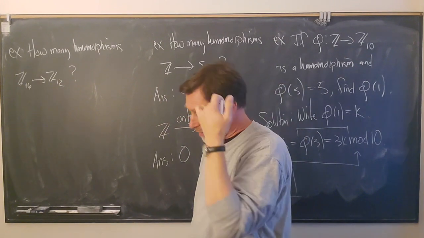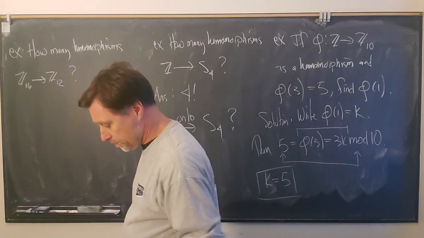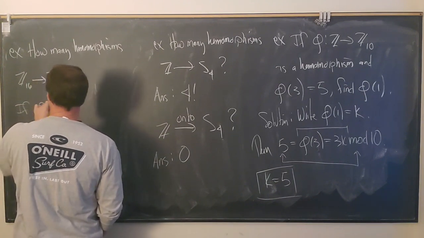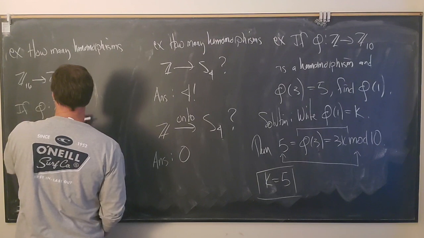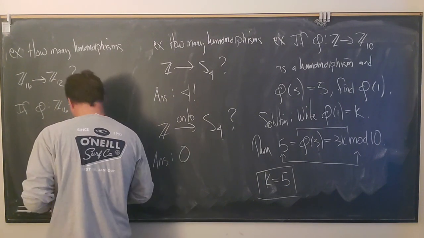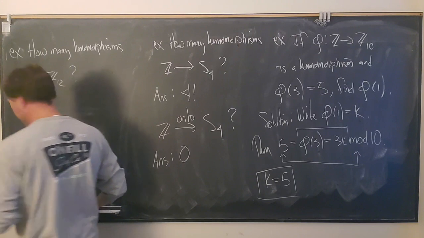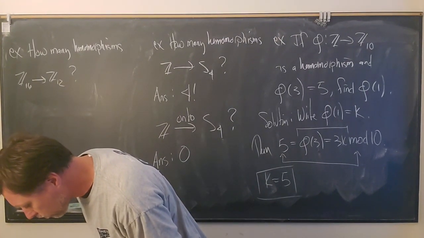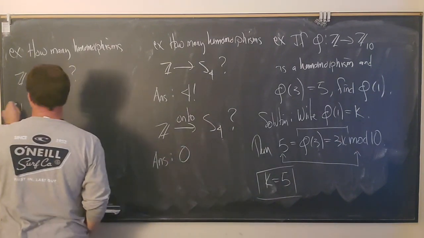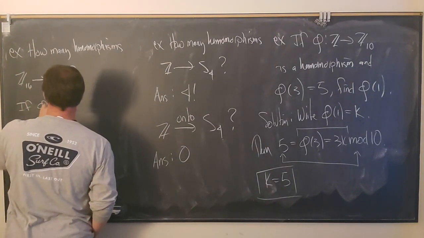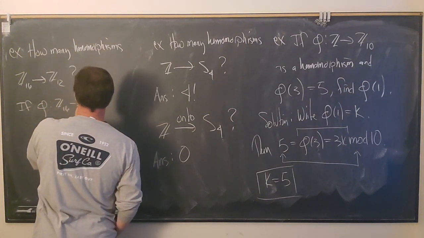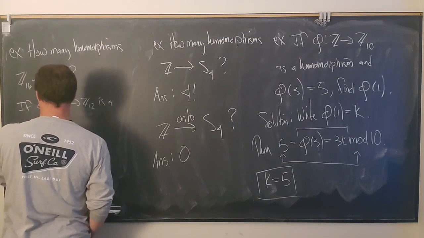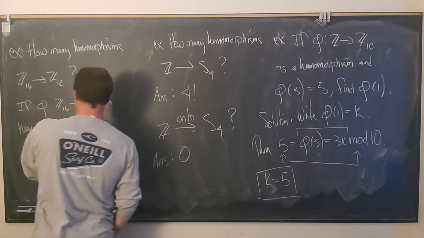Okay, now what does the universal mapping property tell us? So if phi from Z16 to Z12 is a homomorphism, then what do we know?